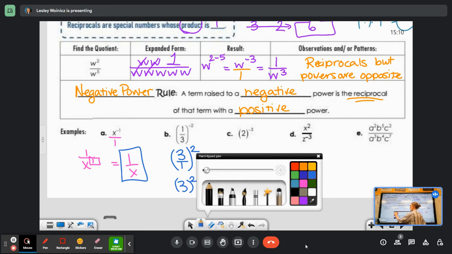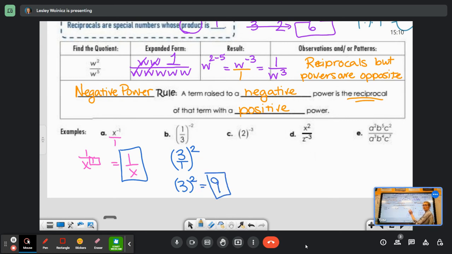Okay, what is the denominator of 2 that we can't see? A 1. So what is the reciprocal of 2? 1 over 2. Okay, now we have to change the negative 3 power into a positive 3 power. That means if I have it cubed, I have to write it 3 times.